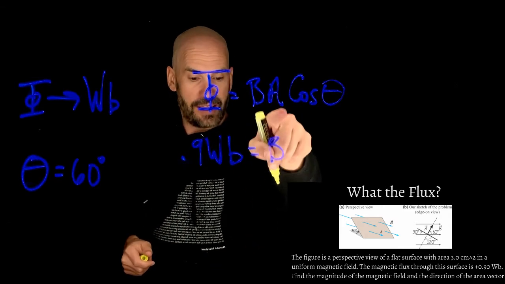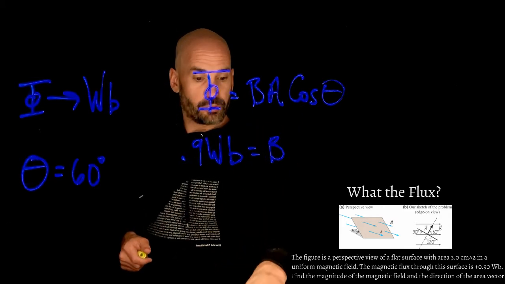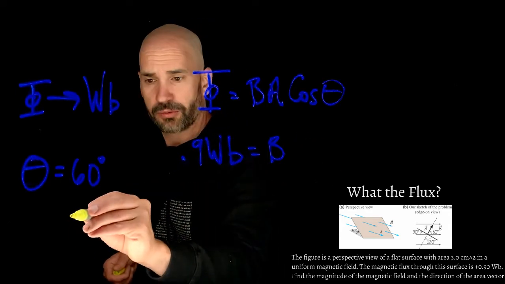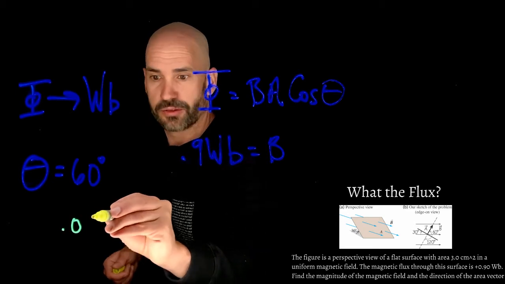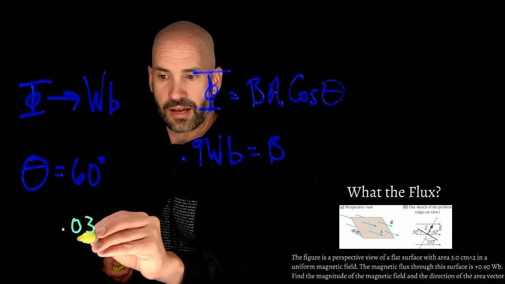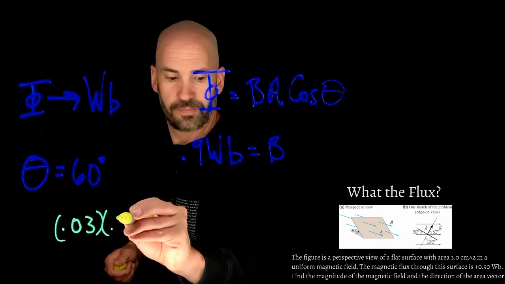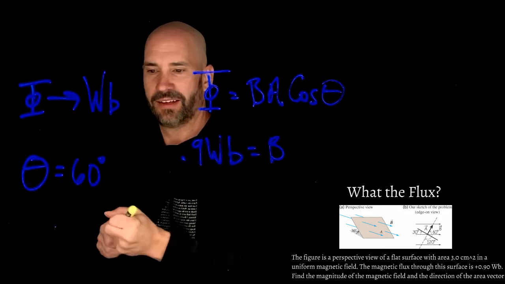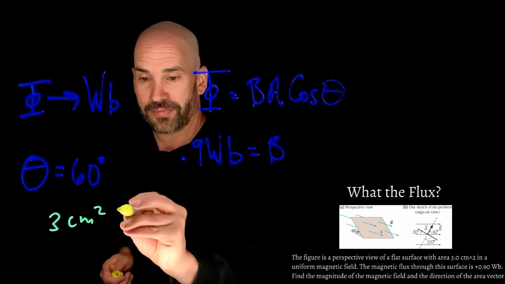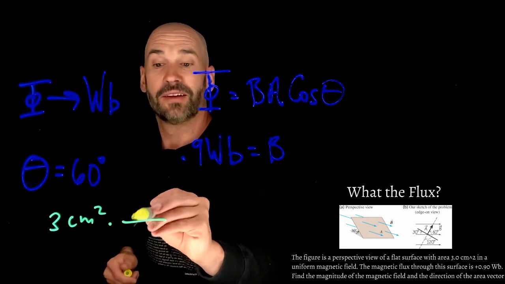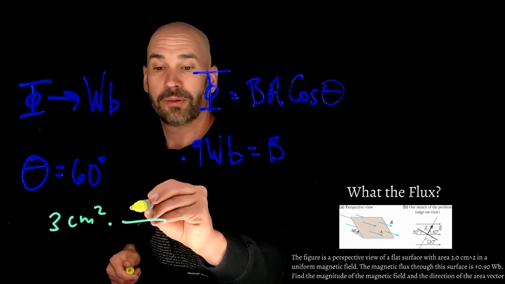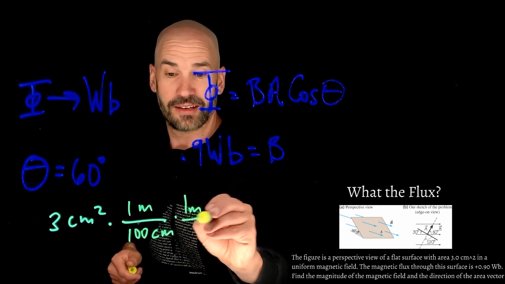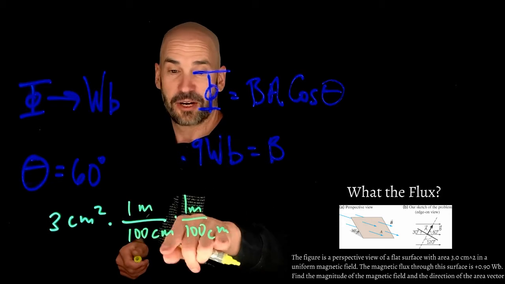A is 3 centimeters squared, so I want to convert that to meters. 1 meter is 100 centimeters, and 1 meter again is 100 centimeters, so that gets us our centimeters squared.